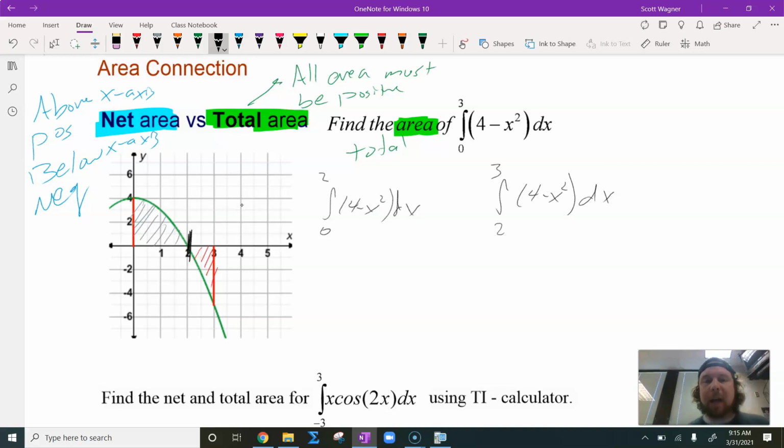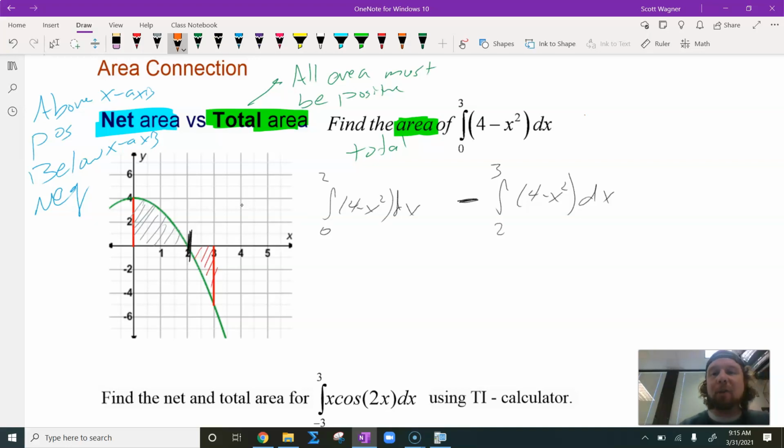Well, that's only going to be the negative part. That's only going to be the part that's below. So I know my answer in that second part is all going to be negative, and I don't want it to be negative. I want it to be positive. So instead of adding those two together, I'll just subtract the second one, because I know my answer is going to be negative, but I want it to be positive. So that's one approach that I could do.